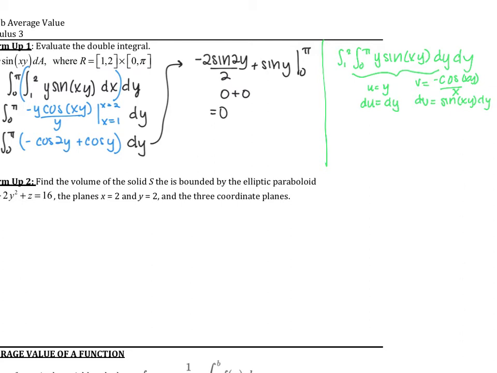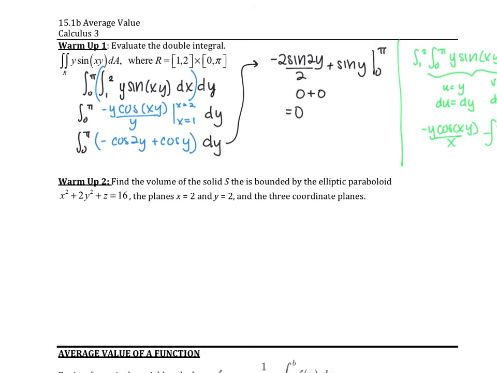And so when I look at this integral, just doing the inner part at the moment, I would end up with negative y, so uv, minus the integral of v du, and v would be negative cosine xy over x. This proves to be quite a bit more work. Could we get there? For sure, we can get there. But looking at the other method, it looked easier to me, and so therefore that's how I did it.